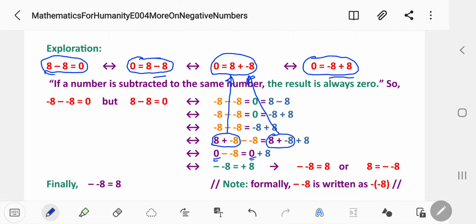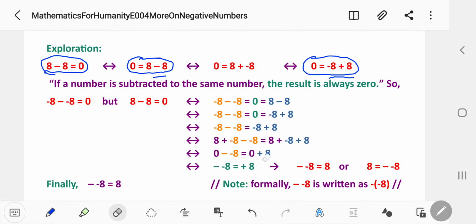And of course 0 is nothing. You can forget about the 0. You don't have to write it.